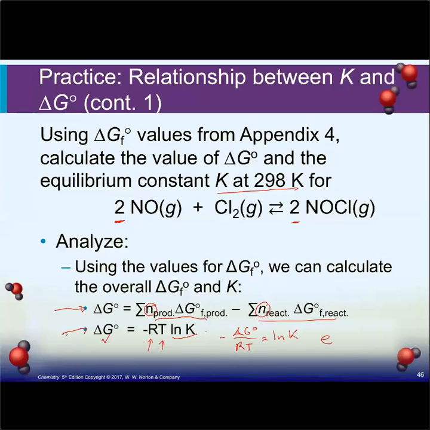So minus ΔG° over RT is equal to K. What I recommend is that you calculate a numerical answer here, and then use the e to the x function in your calculator to calculate K.